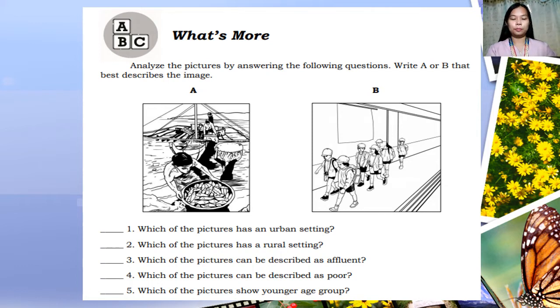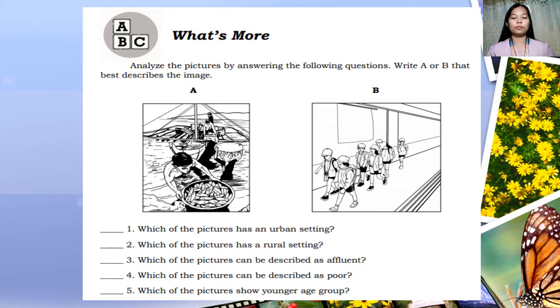Number 3. Which of the pictures can be described as affluent? So when we say affluent, that means rich. Rich in financial status, rich in money, in the material possessions. So that is affluent, rich.